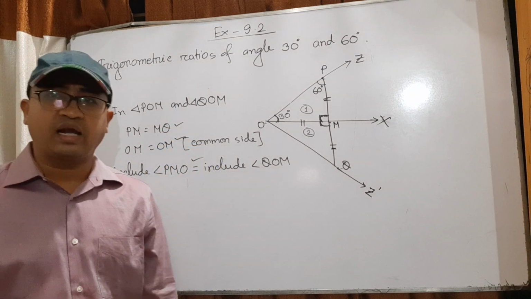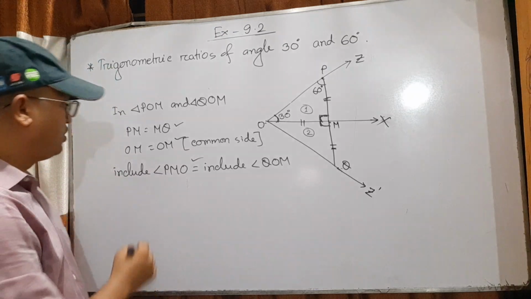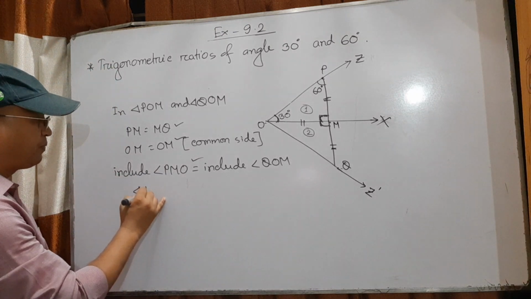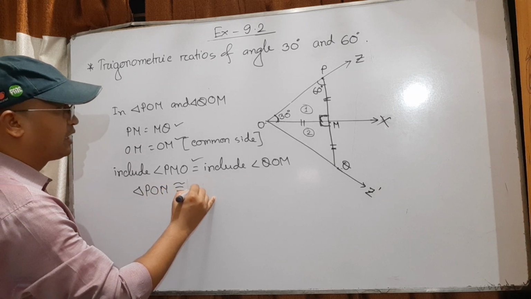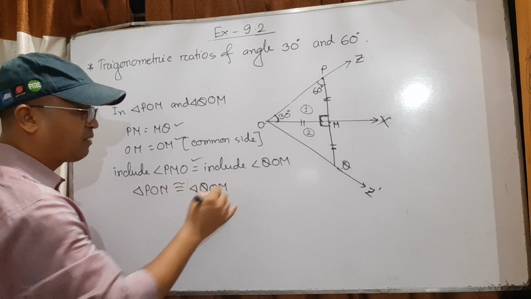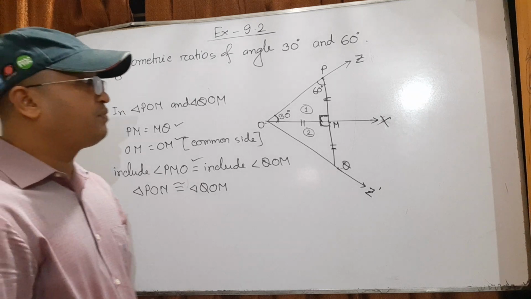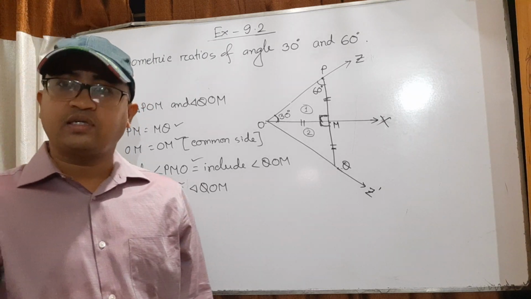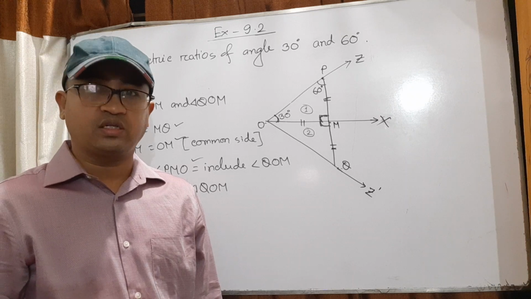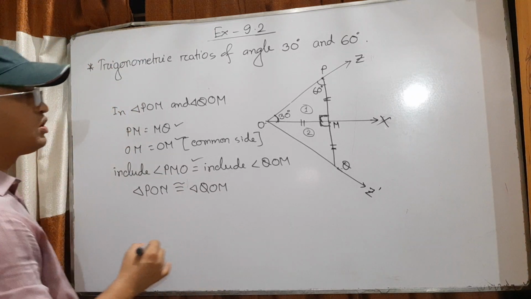So these two triangles are congruent. We can write triangle POM congruent to triangle QOM. If these two triangles are congruent, all their angles will be equal to each other.